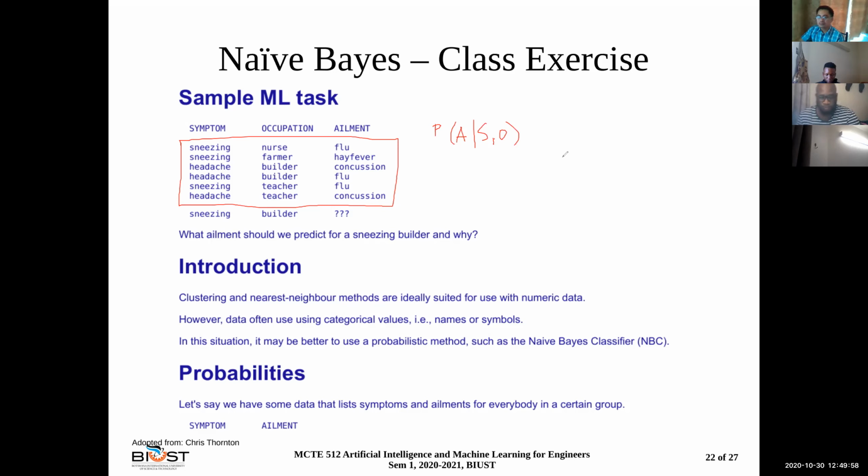We write the probability of the symptom and the occupation given the ailment, multiplied by the probability of the ailment, divided by the probability of the symptom and the occupation.